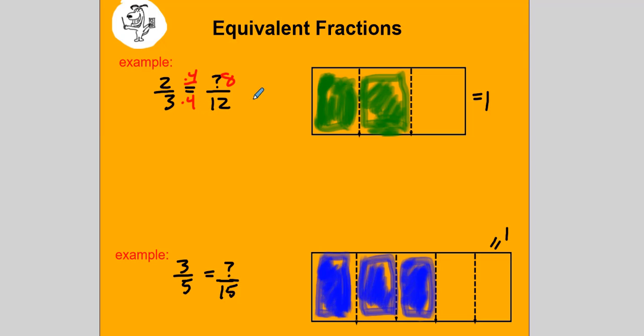What I'm doing here is taking each third, because each one of these green rectangles is a third, and breaking it up into 4 equal parts.